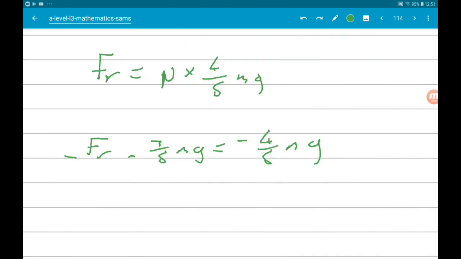Now we know that friction is mu times 4/5 mg, so minus mu times 4/5 mg minus 3/5 mg is equal to minus 4/5 mg.